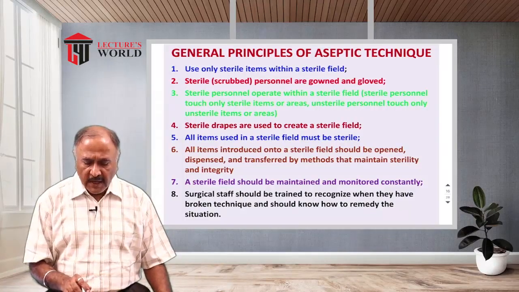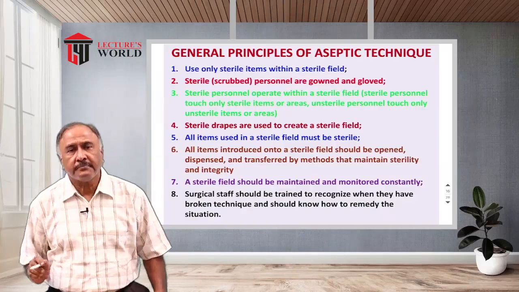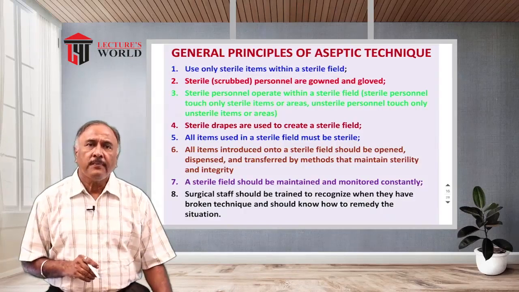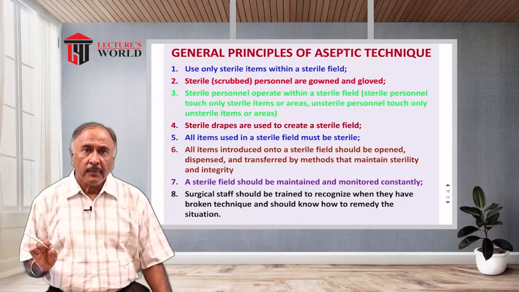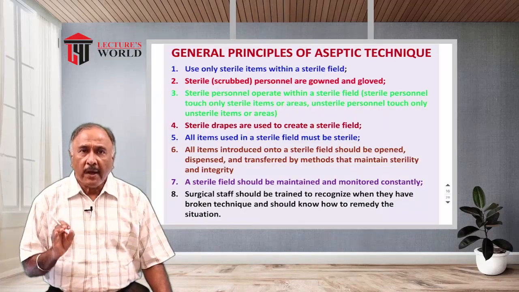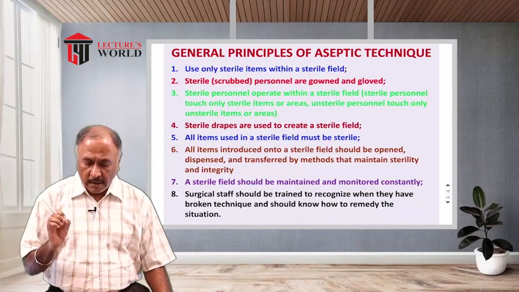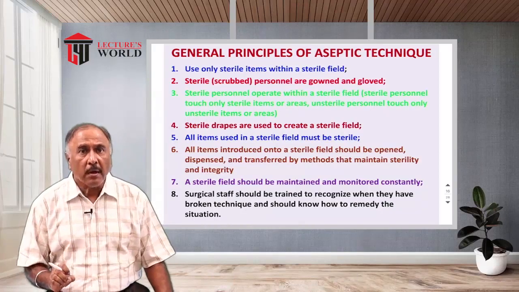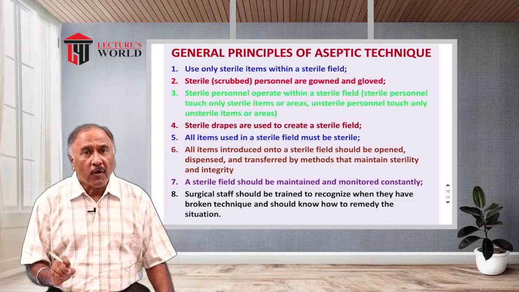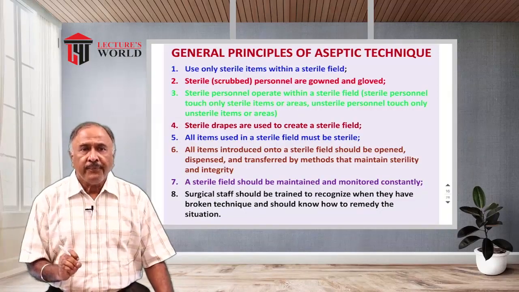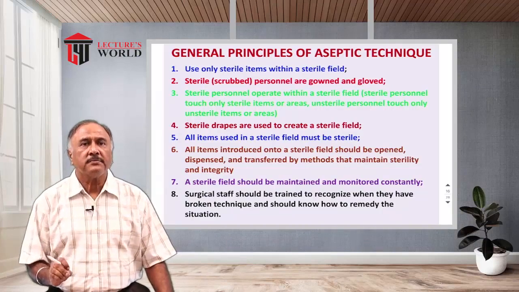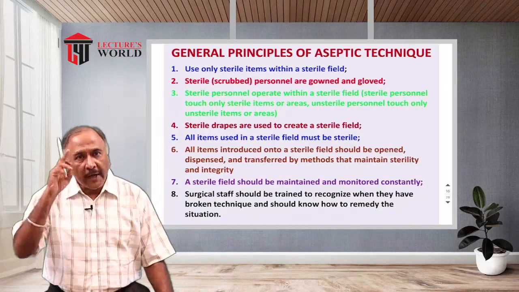Sterile persons are gowned and gloved. You must have seen that during Corona, people were wearing a gown or an apron, or what we popularly call a PPE kit. This PPE kit covers the individual from head to bottom.